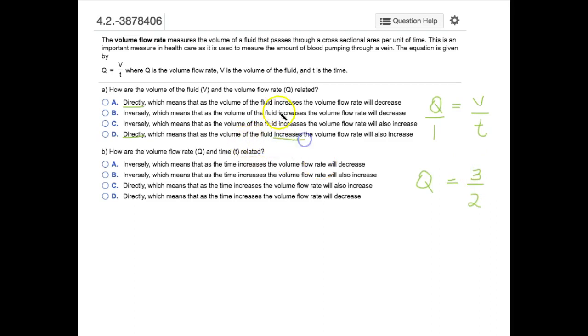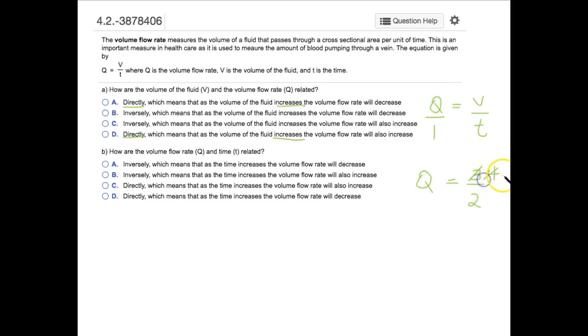If we increase the volume of the fluid, what happens to the flow rate? What happens to Q? So let's say instead of 3, I put a 4 in here. What's 4 divided by 2? 4 divided by 2 is 2. That's bigger than 1.5. That means Q is 2. When we had a 3 here, it was 1.5. So that means it's gone up.